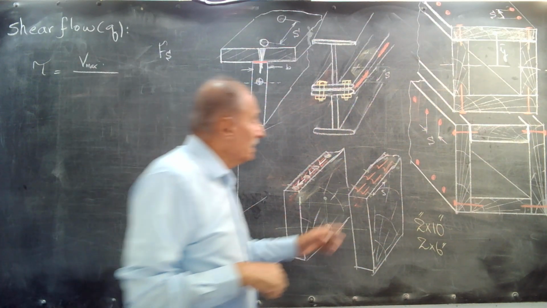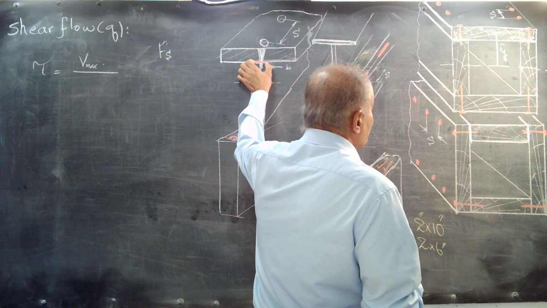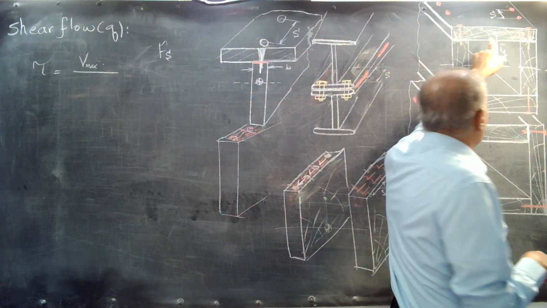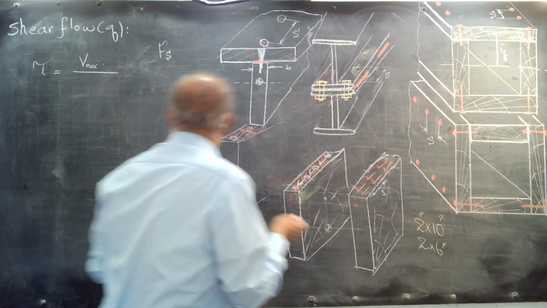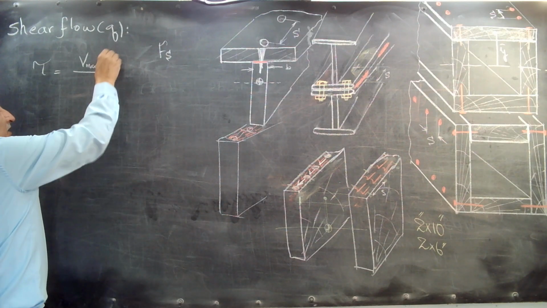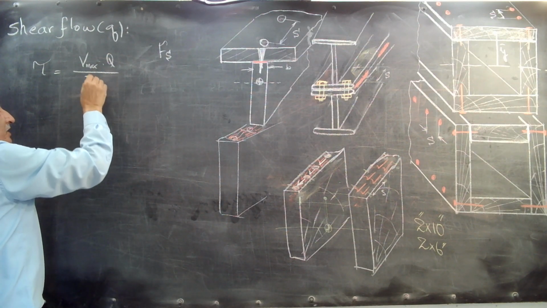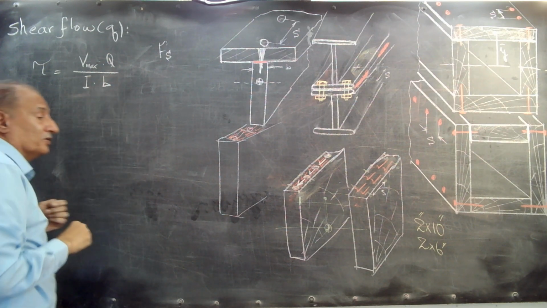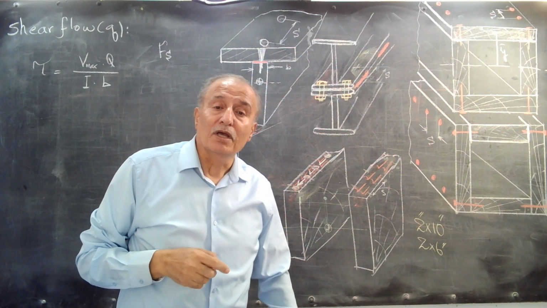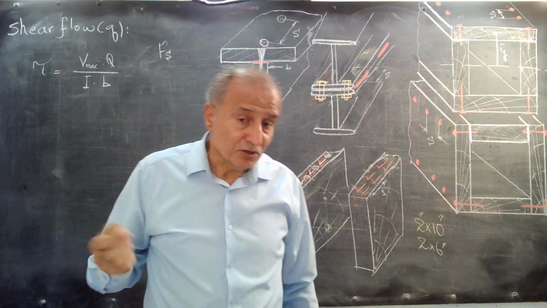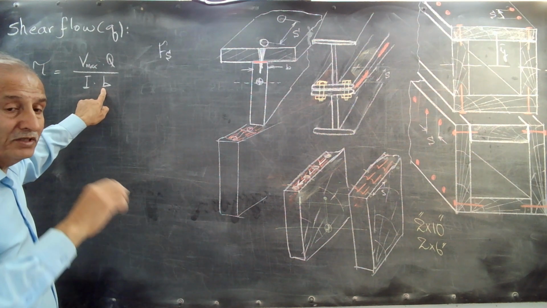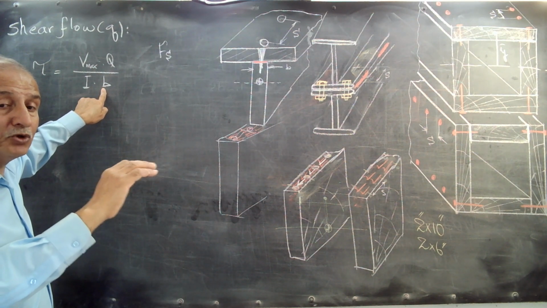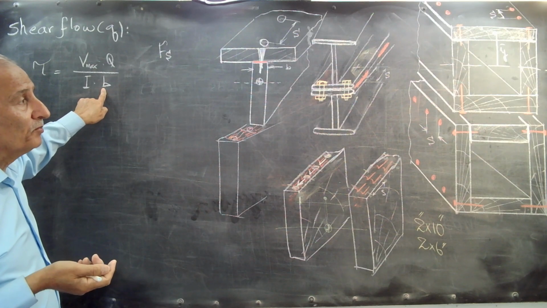Then, in here, b is this length that you cut. In this design, b is this plus this that you cut. Then I is the second moment of area, or area moment of inertia, you know that. And b depends on the amount that you cut to separate one part from the others.